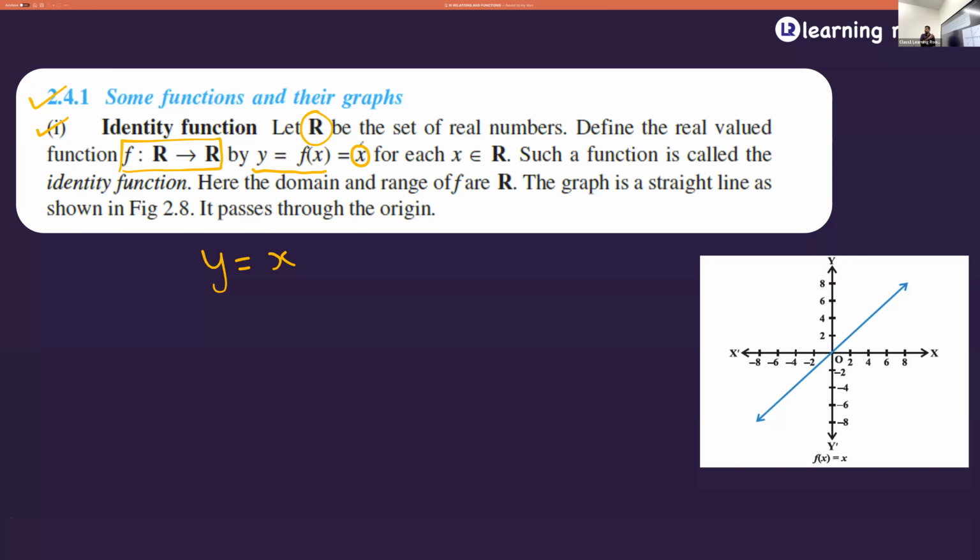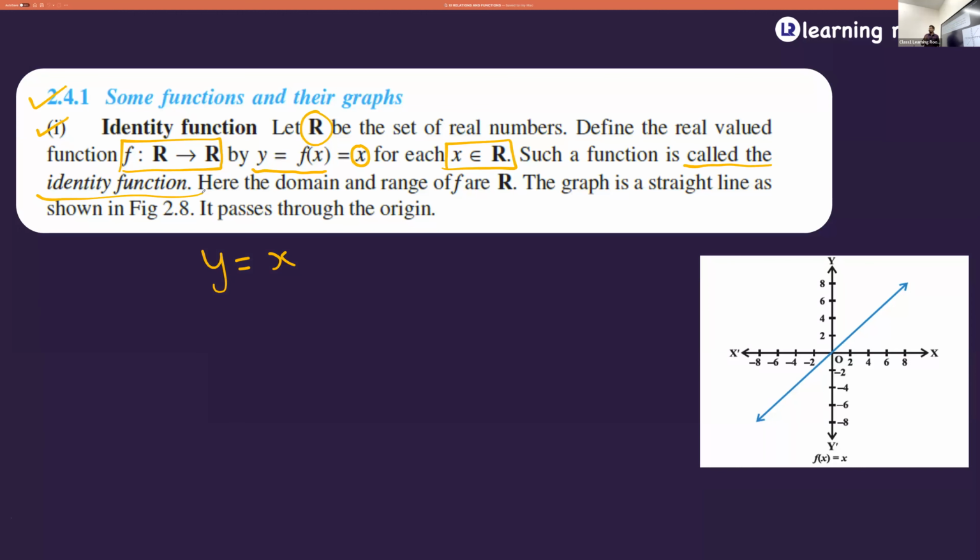The simplest form is x only. So f of x is equal to x for each x that belongs to the real numbers. Meaning you plug in any real number here, you get a real number out. If you are able to define such a function, it is called the identity function. I told you the reason why.